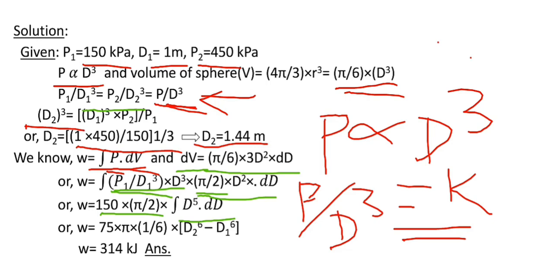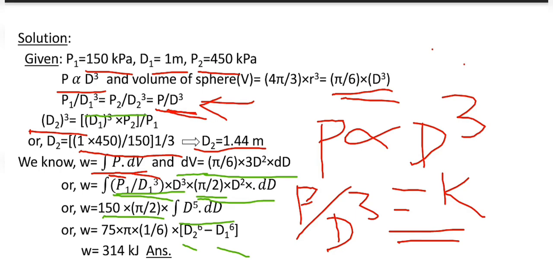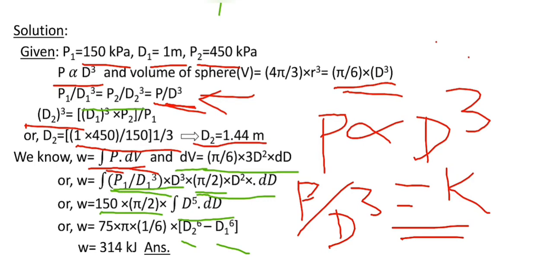Here the integration of d to the power 5 is equal to d to the power 6 divided by 6, and the diameter of the spherical balloon varies from initial d1 to d2, and the values of d2 and d1 are known. So we simply put the values of d2 and d1, and we get the work done by the gas, which is equal to 314 kilojoule, which is our final answer.